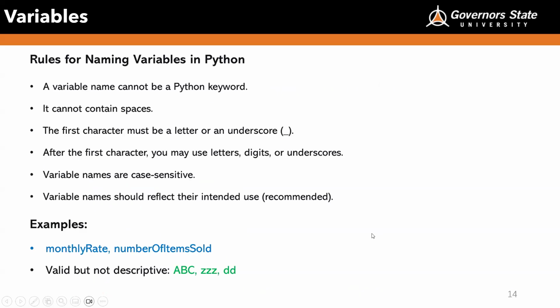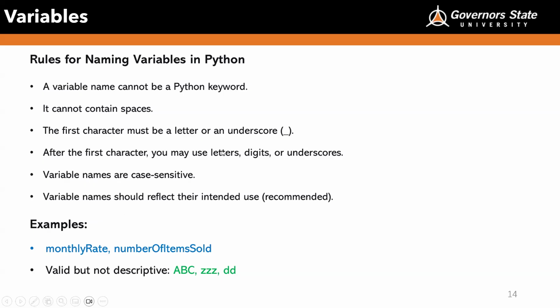Okay, and some rules about naming variables in Python. A variable name cannot be a Python keyword, and later we will talk about some of the Python keywords. A variable name cannot contain any spaces.